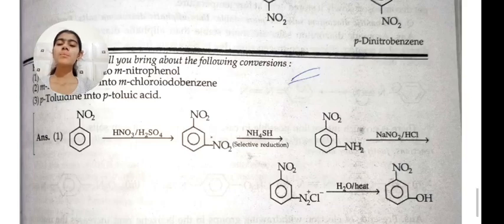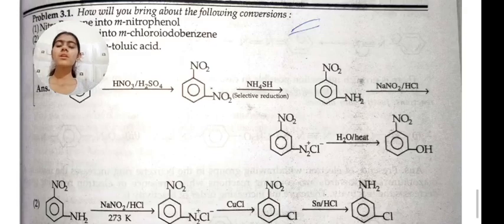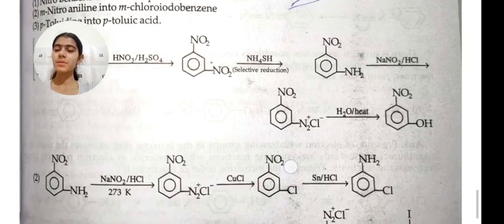We get 1,3-nitroaniline, then perform the diazotization reaction and heat it in water. We get the product as meta-nitrophenol, which is the required product.